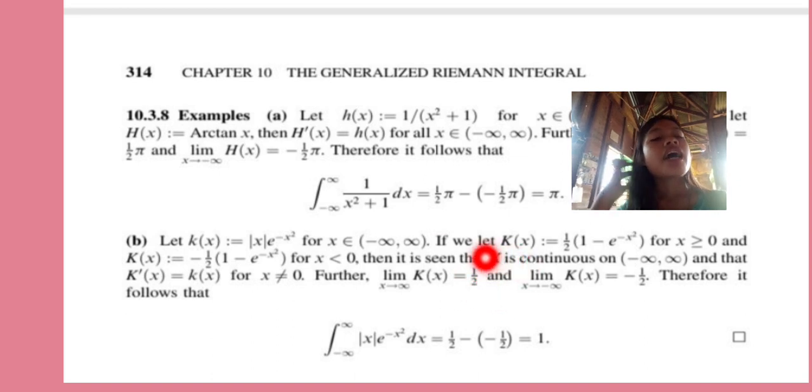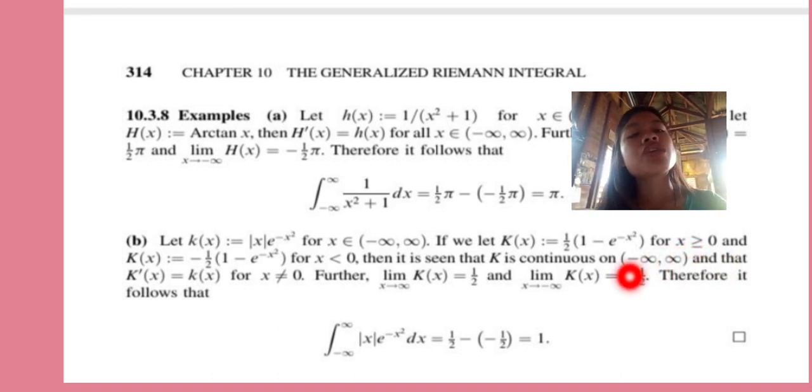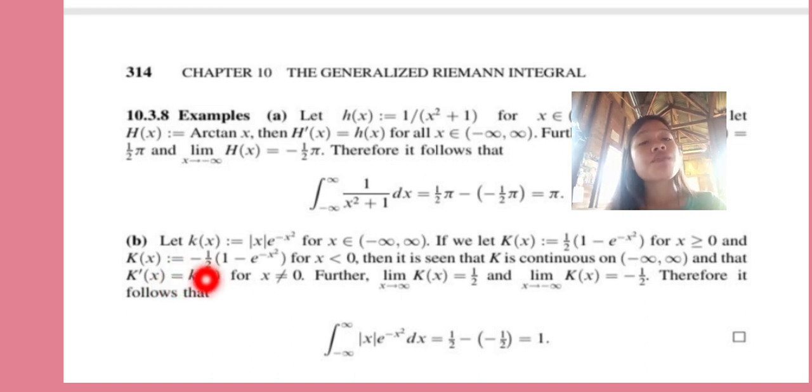If we let K of x equal 1 over 2 multiplied by 1 minus e to the power of negative x squared for x greater than or equal to 0, and K of x equal to negative 1 over 2 multiplied by 1 minus e to the power of negative x squared for x less than 0, then it is seen that K is continuous on the interval negative infinity and positive infinity, and that K prime of x equals k of x for all x not equal to 0.